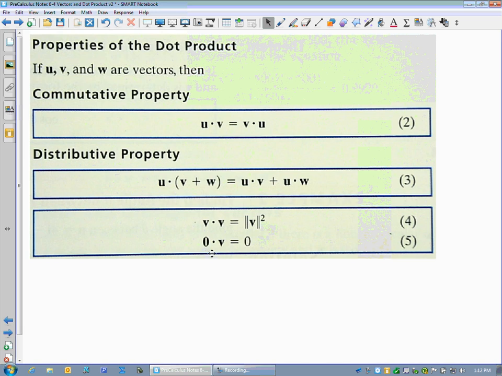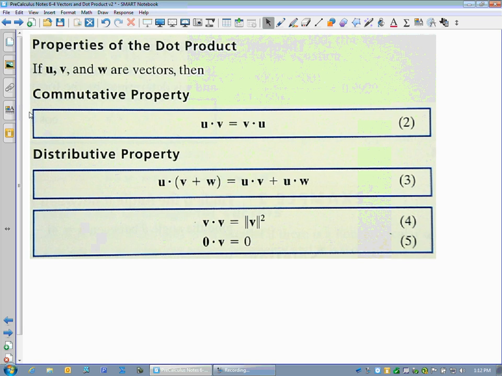And the 0 vector times any vector using dot product is going to be 0. Remember that the result of a dot product is a scalar. That's why this 0, which is in bold, is the 0 vector, and this 0 is just the scalar 0, the number 0.